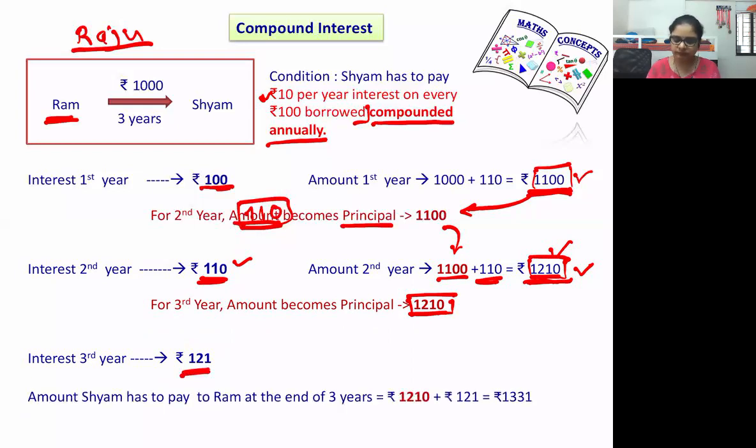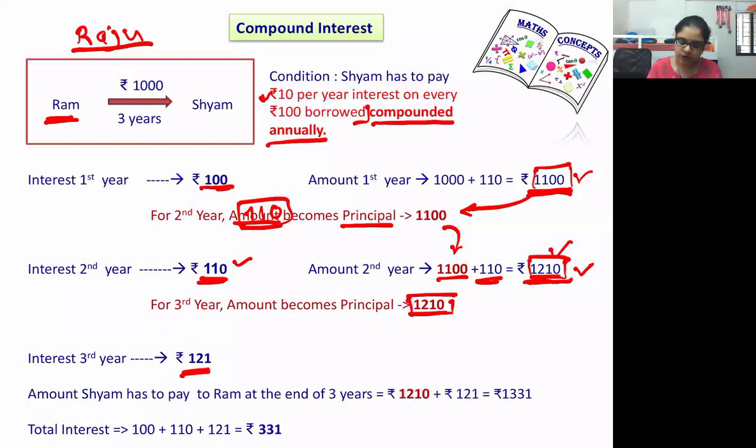The total amount that Sham has to pay to Ram at the end of 3 years will be this plus the last year's interest, that is 121, so the total amount will be 1,331. This is the amount that Sham has to pay to Ram. Total interest here is 331.